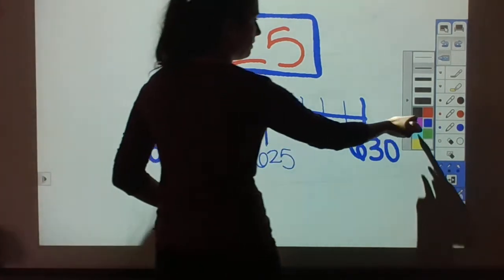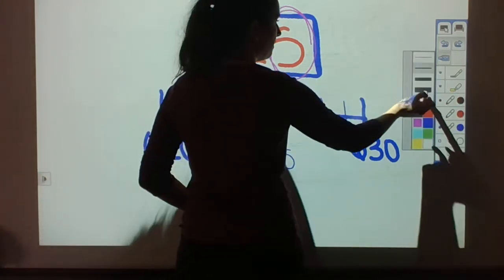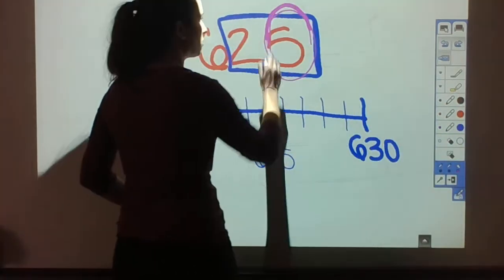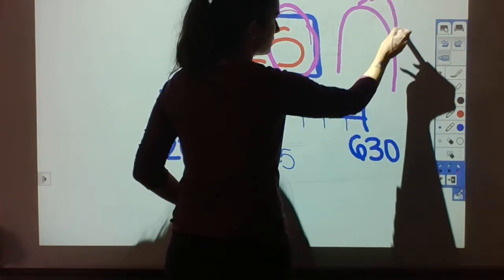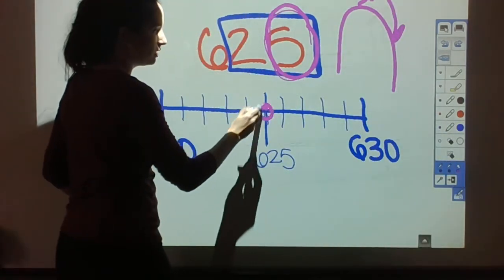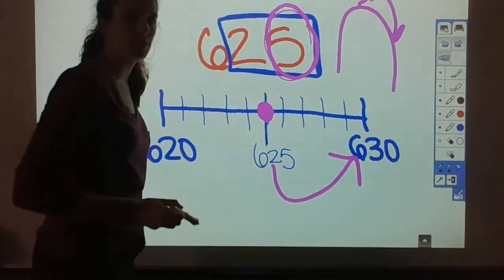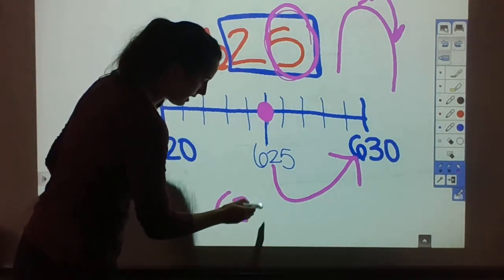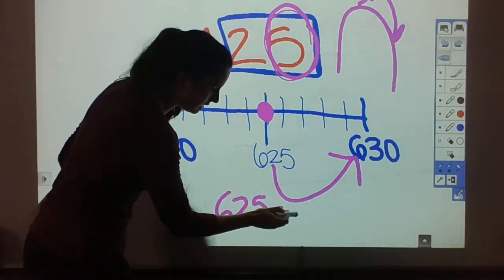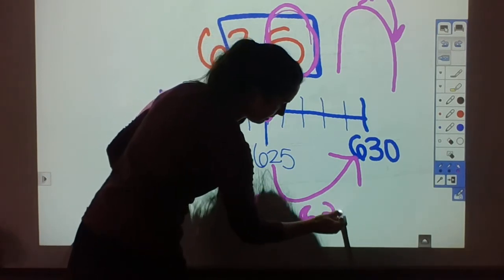Okay, when I look in my ones place, I see a 5. I know that 5, when you're on the roller coaster, 5 is at the top, which means it's going to go down and round up to 630. So if we are rounding 625 to the nearest 10, it would round up to 630.